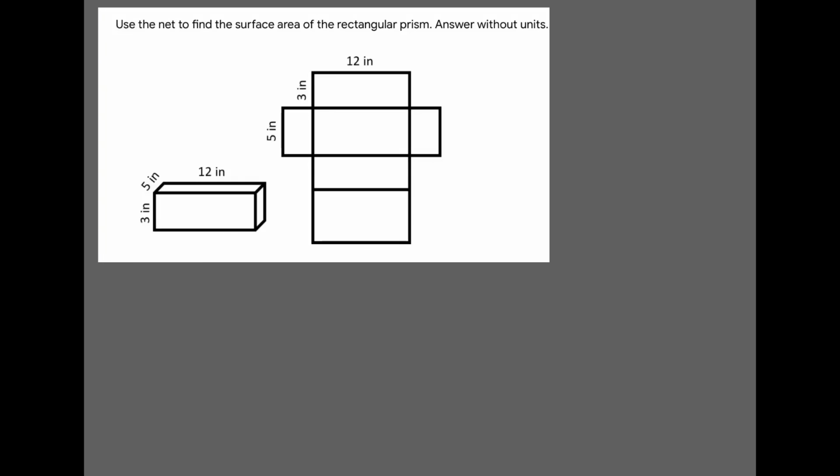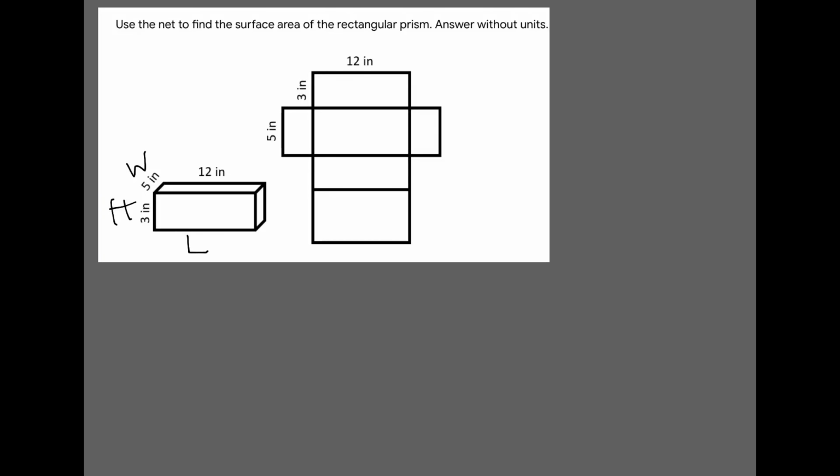The first thing I'm going to do is go ahead and label my rectangular prism. So we know that this is my length, this is my height, and this right here is my width.